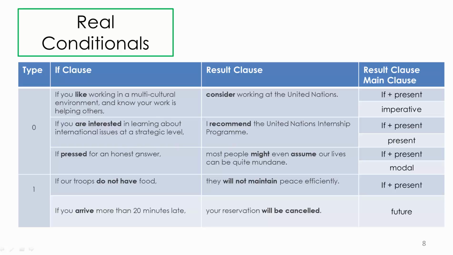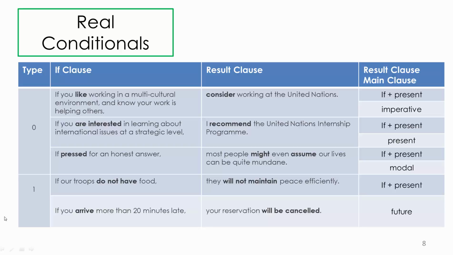And then you have another type where again you're going to use the present tense, but this time you'll include the modal. So either of these in the 0 are used for general statements, instructions, and directions where there is a hypothetical situation involved.